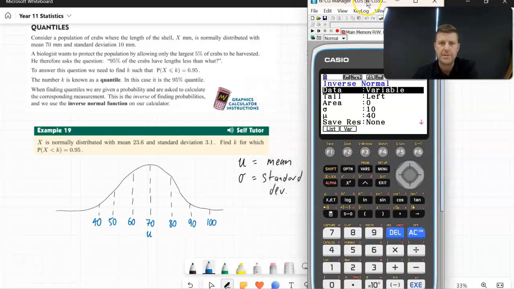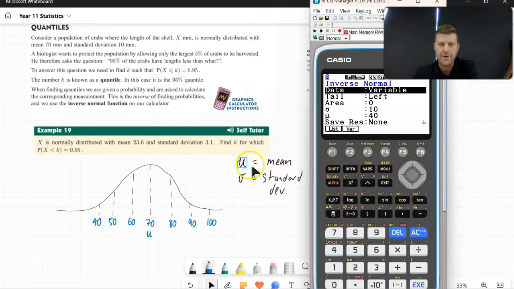Now, remember the symbols there refer to the mean and the standard deviation, which we know are 70 and 10 respectively. So go ahead and put those values in. In this case, my mean is 70, my standard deviation is 10, so I can leave that there.